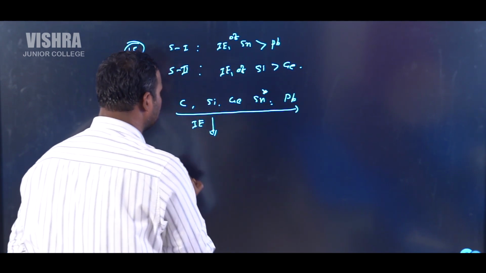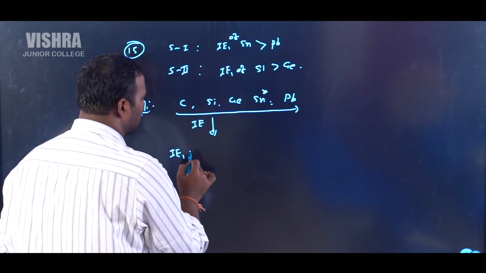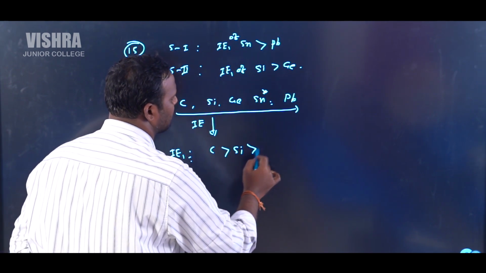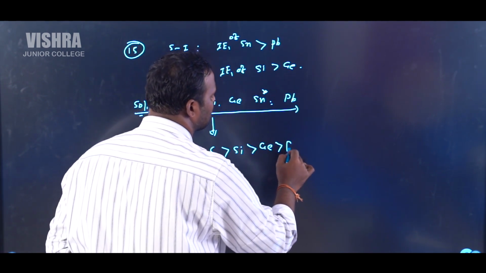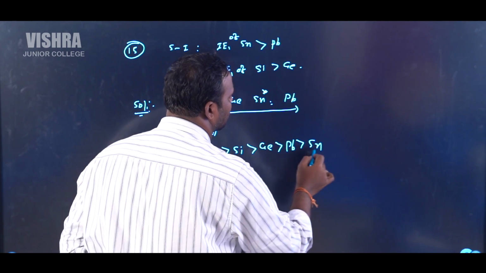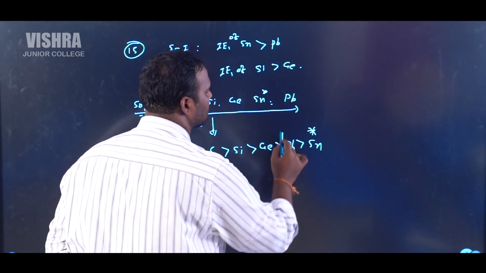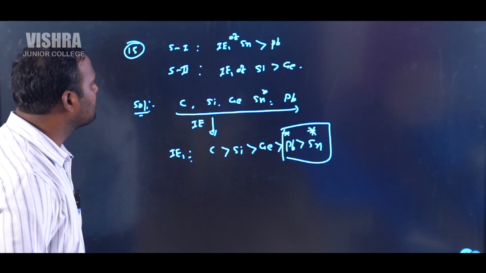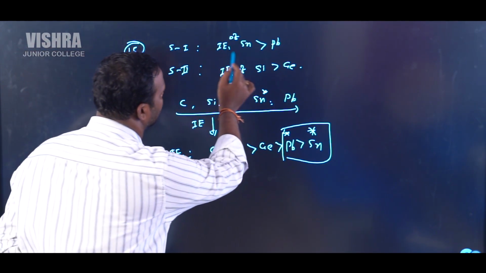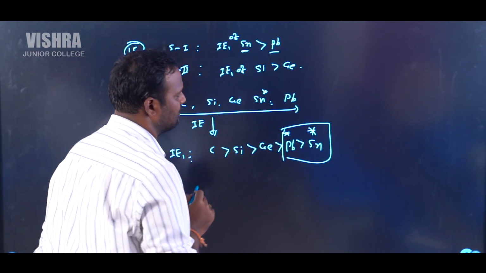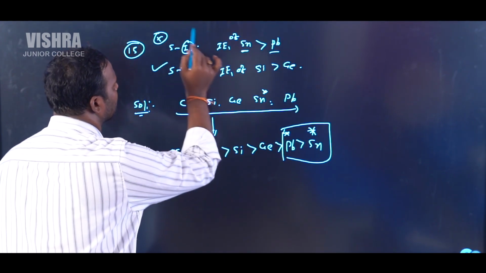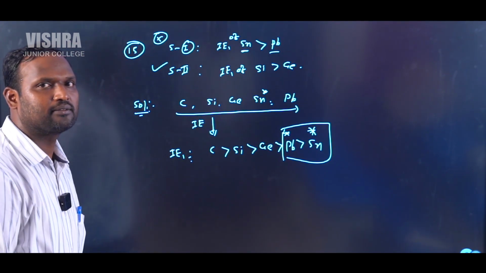The order of IE1 is carbon is greater than silicon is greater than germanium is greater than lead is greater than tin. IE of lead is greater than tin. So the given statement, IE1 of Sn is greater than lead, is wrong. Statement 1 is wrong. Statement 2 is correct.